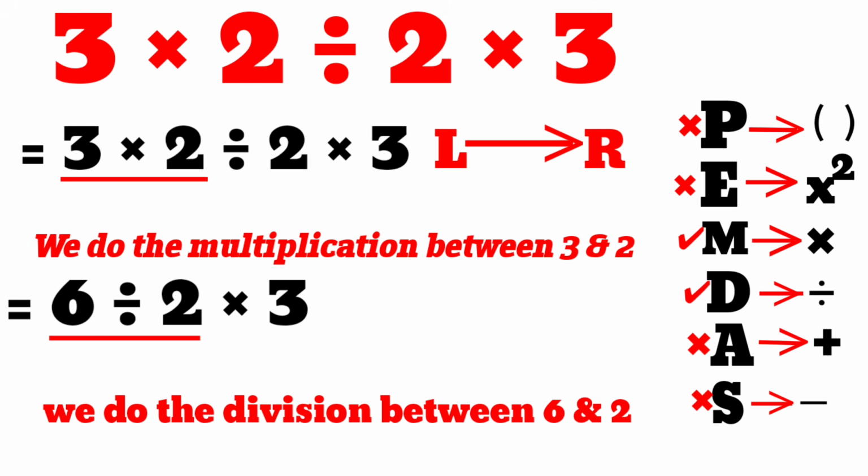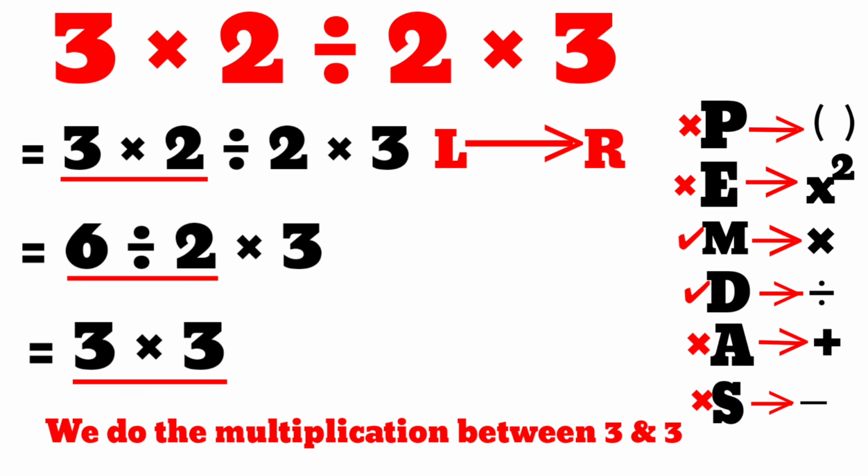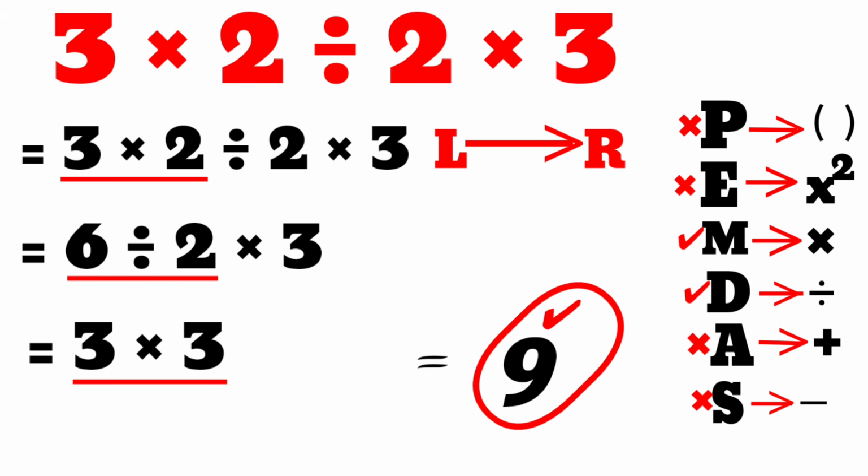Dividing 6 by 2, we get answer 3, is equal to 3 times 3. Now we do the multiplication between 3 and 3. Multiplying, we get answer 9. 9 is the correct answer.